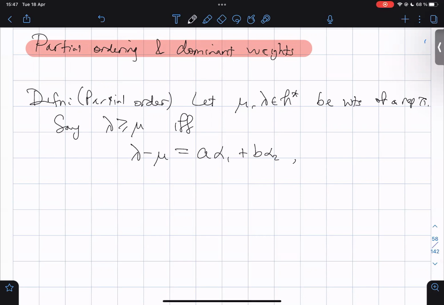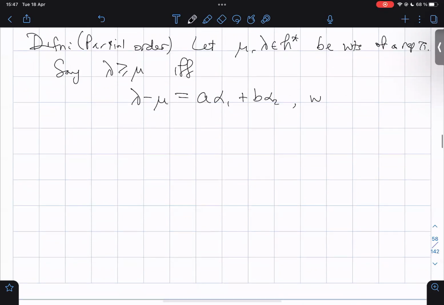If and only if, when I write this out, these coefficients are all greater than or equal to 0.